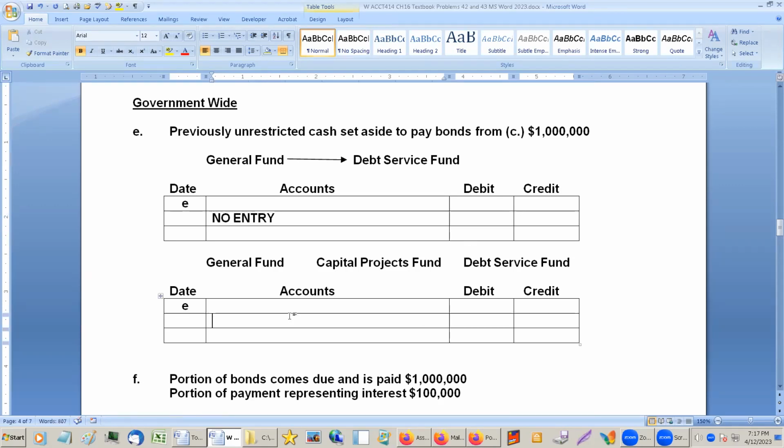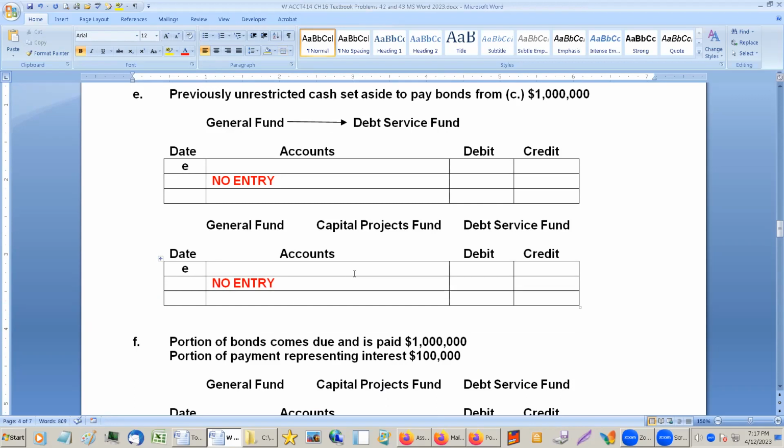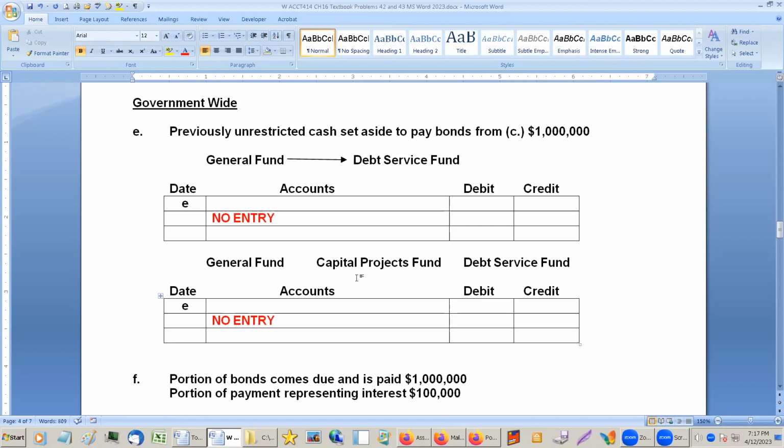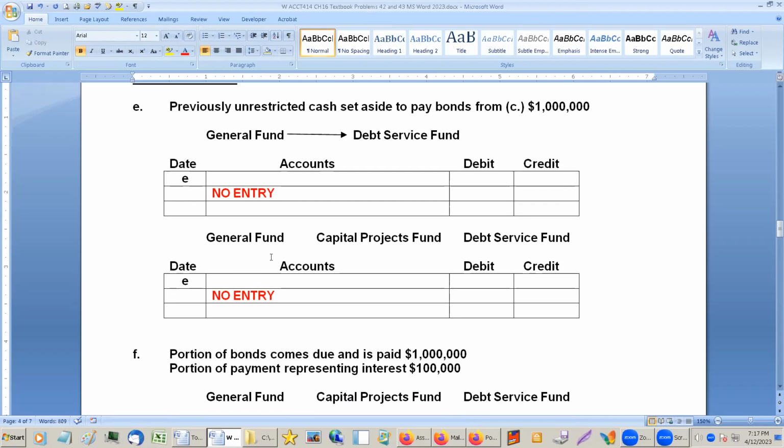It's like moving a chair from marketing to accounting, or the other way around. So, if it's between these accounts, any of these accounts, we don't do anything with it. In government-wide accounting.